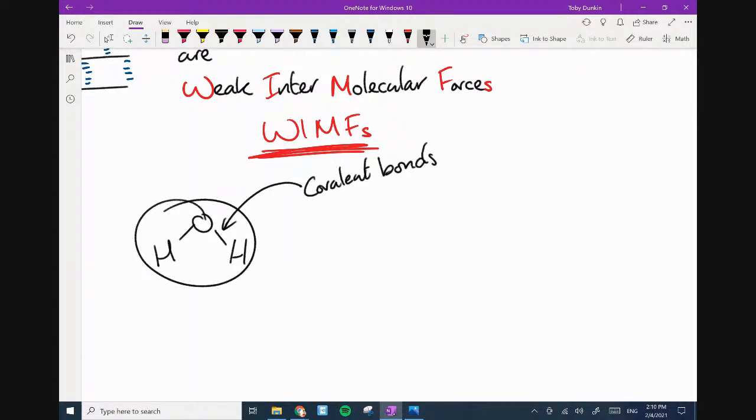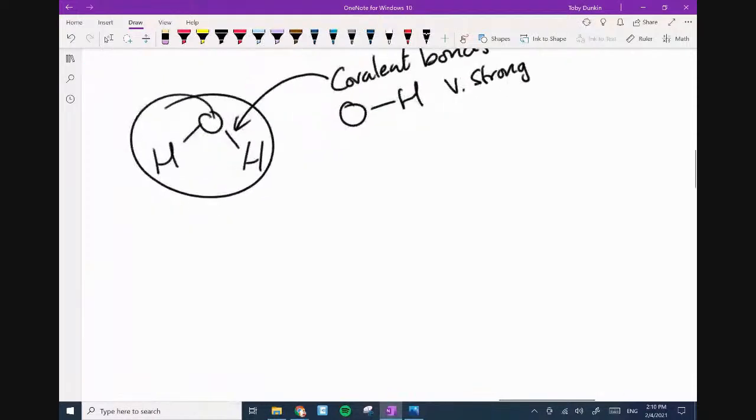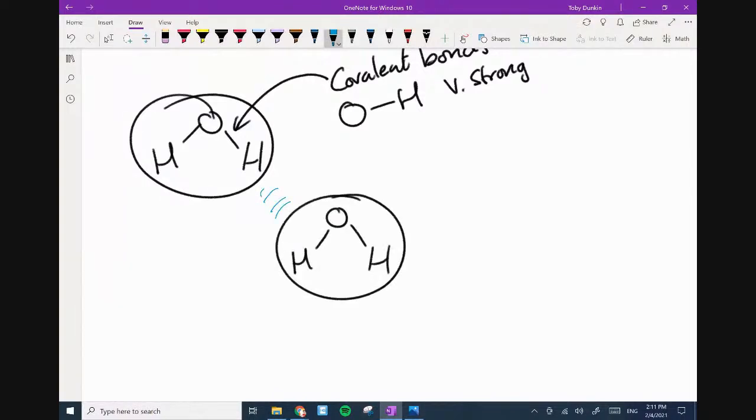These are very strong, but between the water molecules, we have WIMPs, weak intermolecular forces.